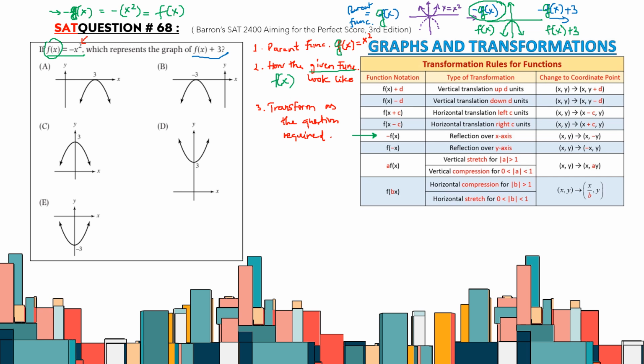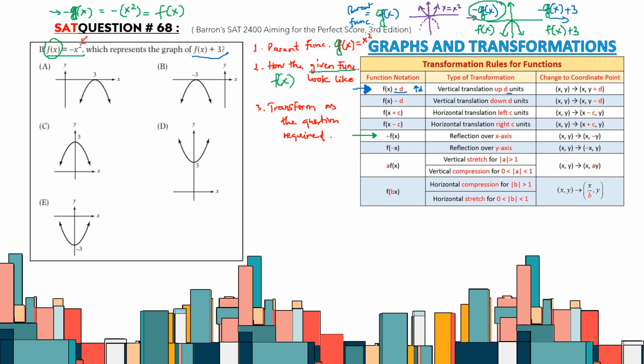Now we add 3 units outside the function, so that will be this one. What it does is a vertical translation up d units. So we add d, we go up d units.